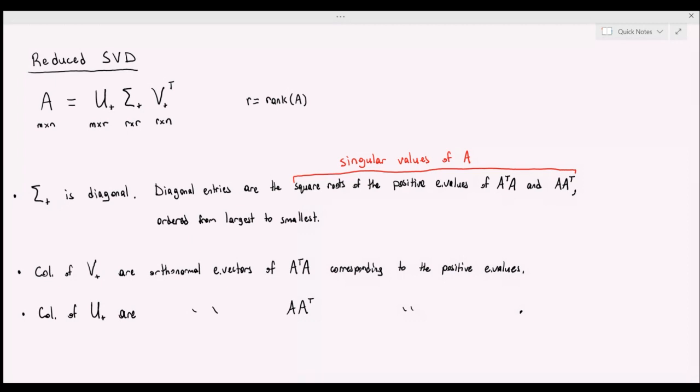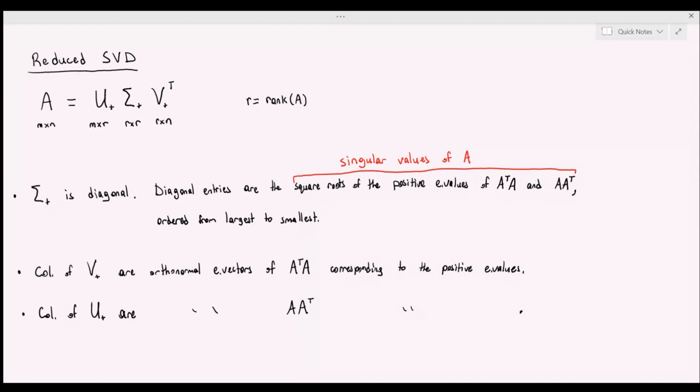So we talked about how A transpose A and AA transpose are both always going to be positive semi-definite. So all of their eigenvalues are going to be greater than or equal to 0.